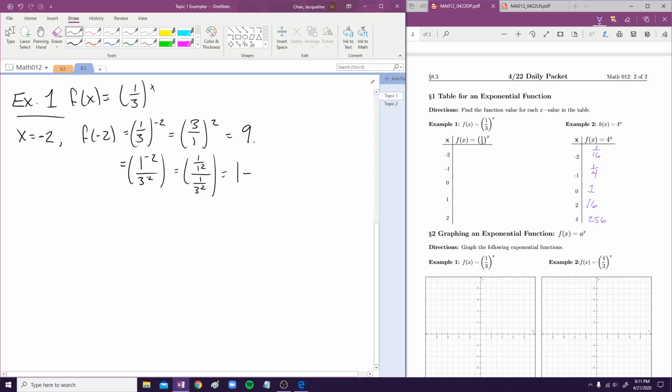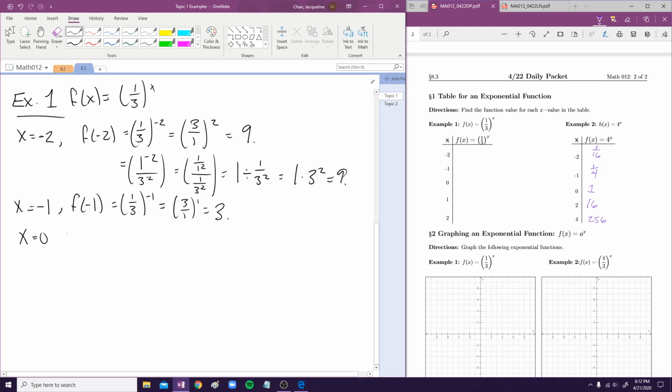When we divide 1 by 1 over 3 squared, this is also 1 times 3 squared, and you get 9. Whatever way works for you. So we get 9. Then x equals -1, so f of -1 is equal to (1/3) to the -1, which is 3 over 1 to the first power, so it's 3.